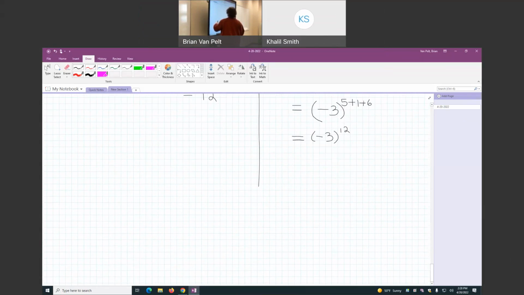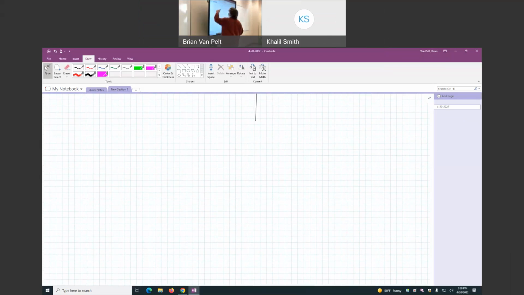Now, a lot of times these things say simplify. But this word simplify means literally different things every time in different sections. So what they want you to do is to write this as a single exponential expression instead of a product like I had.